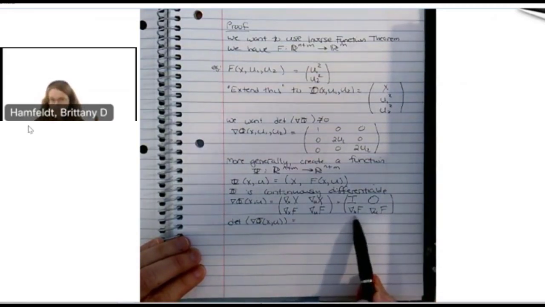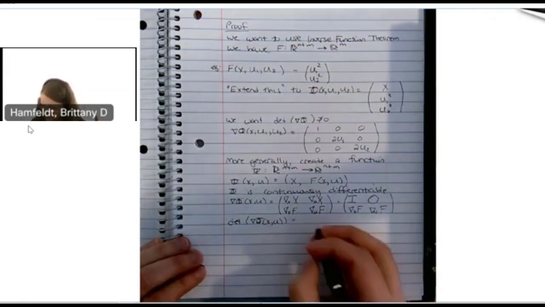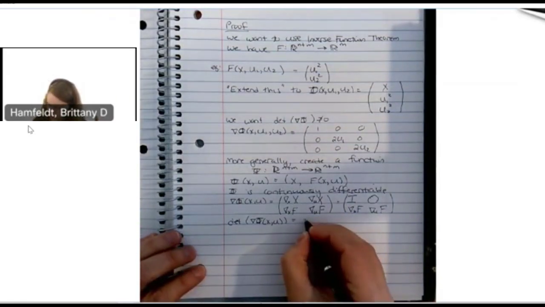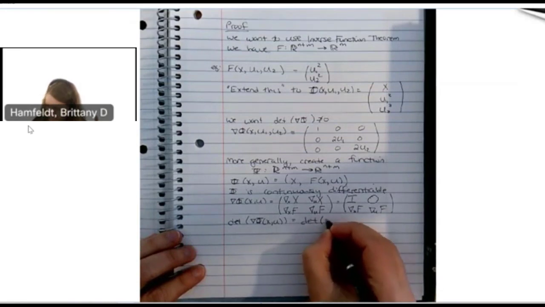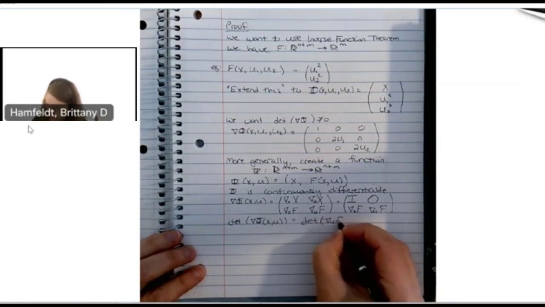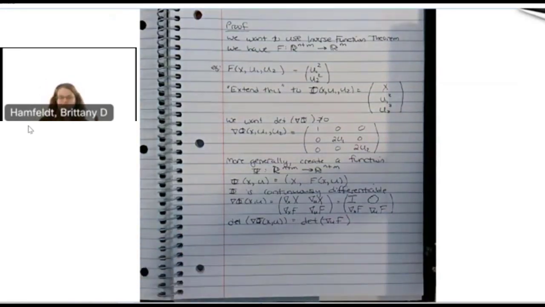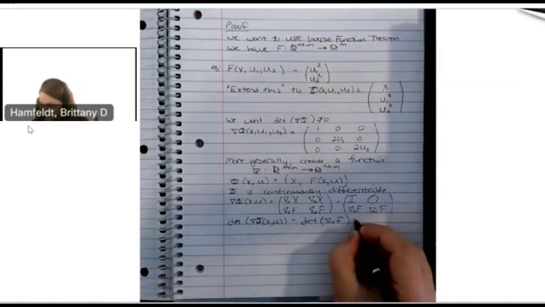And this other block never actually shows up in the determinant because we've got zeros everywhere else. So the determinant of the Jacobian of phi is identical to the determinant of the u Jacobian of f. And that is really good news because we happen to have as one of our hypotheses that this is not equal to 0.